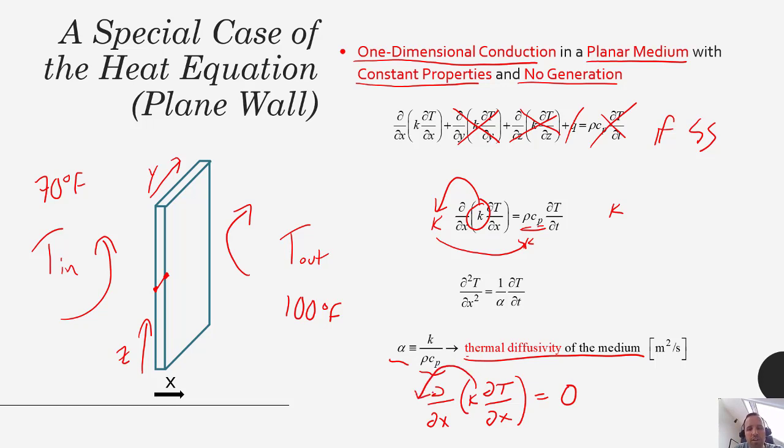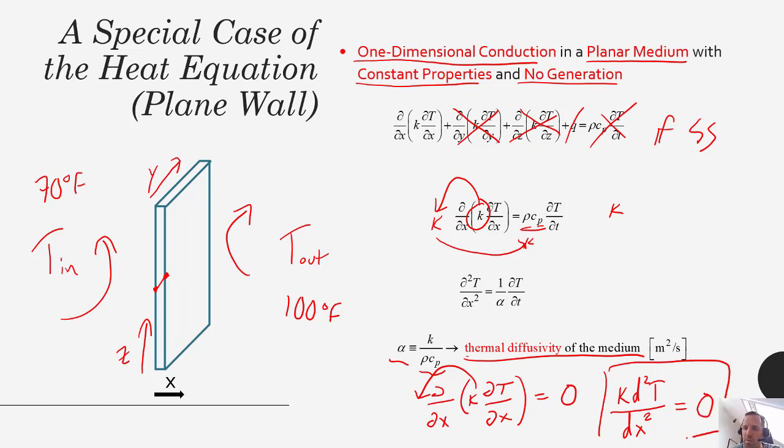We no longer need to use the partials here, so we get an equation that looks like this: k times the second derivative of temperature with respect to x, d squared T dx squared, is equal to 0.